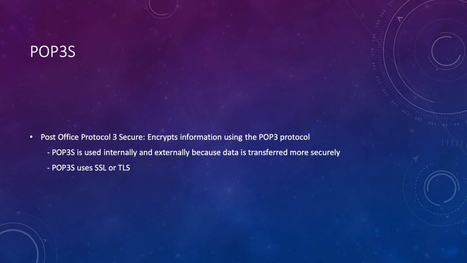Now, POP3S is essentially the secure version of Post Office Protocol 3, and this encrypts information using the POP3 protocol. It essentially encrypts everything that is in plain text, making the information harder to read while it's being transferred.